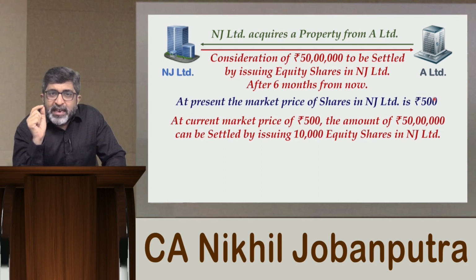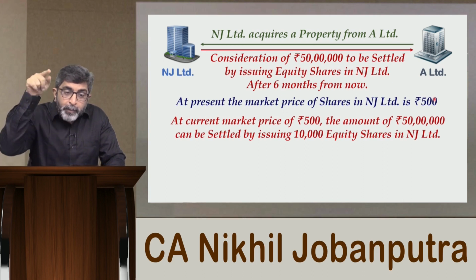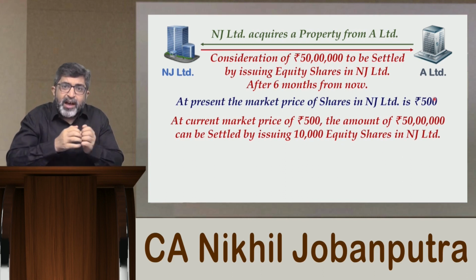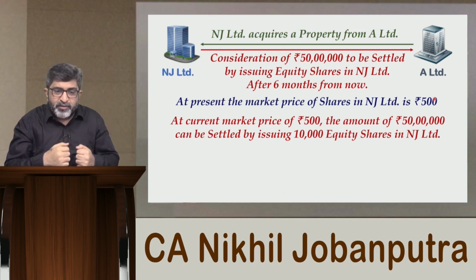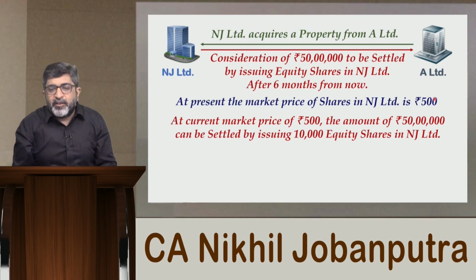Shares have not been issued yet. Shares will be issued when? On 30th of June. But in between the contract date, that is the date on which the asset was acquired and this contract was made, and the settlement date, there will be a reporting date that will be 31st of March.